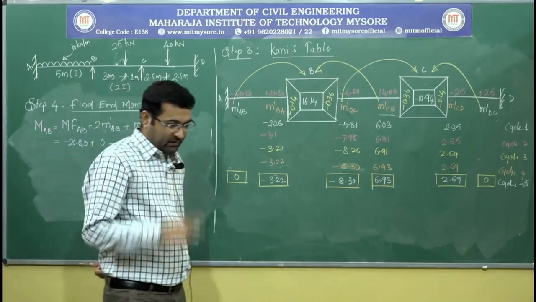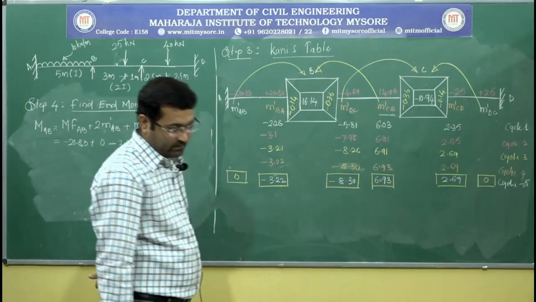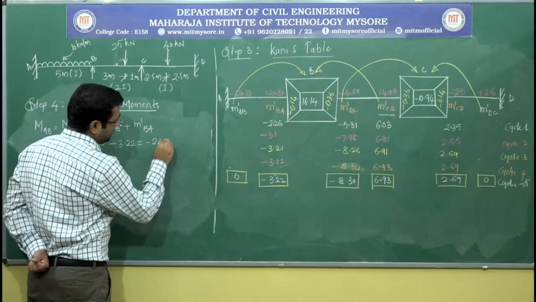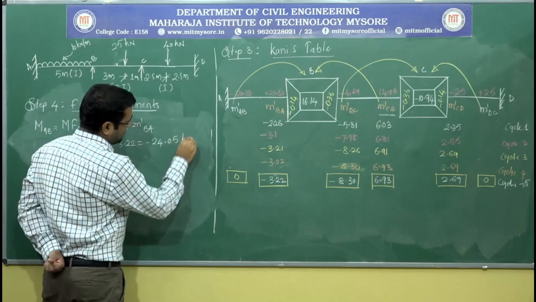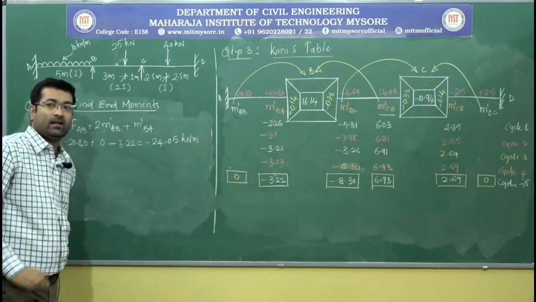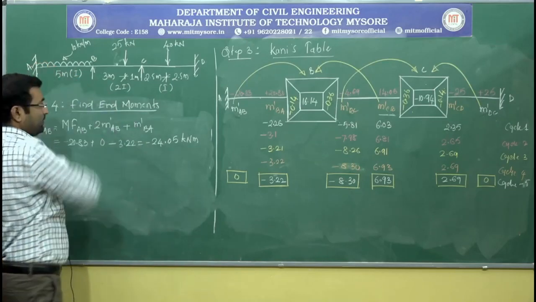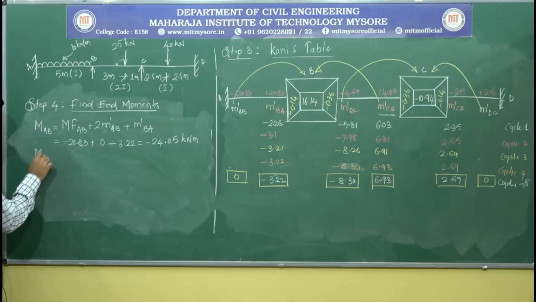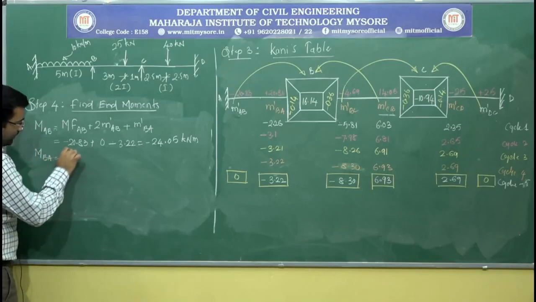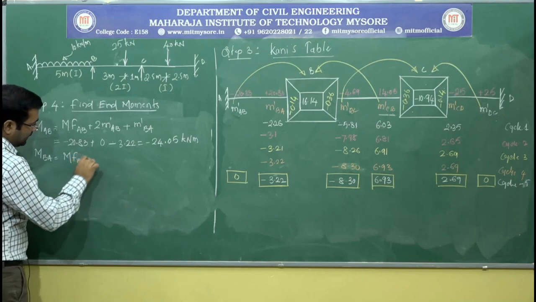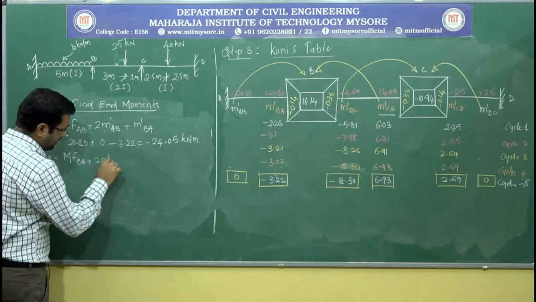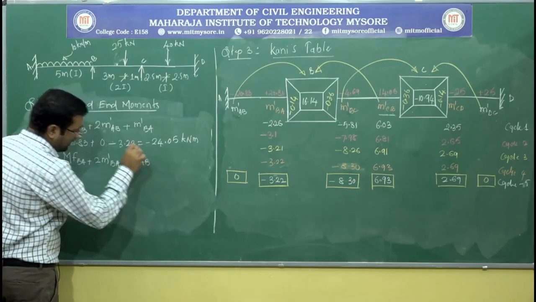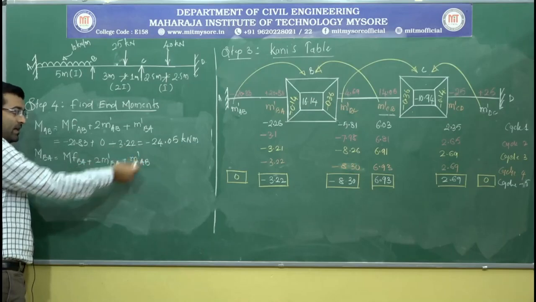That gives you a final end moment of minus 24.05 at the end A. Now for BA, MBA is equal to MFBA plus 2 times M dash BA plus 1 time M dash AB. For BA the far end is AB.